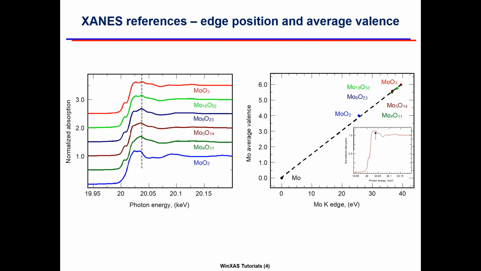Subsequently, the average valence can be obtained from said energy position by comparing it to that of suitable reference compounds with known average valences. In a best case scenario, a corresponding calibration curve can be obtained to convert the edge position of the spectrum of an unknown material to average valence over an extended range and with a high accuracy.